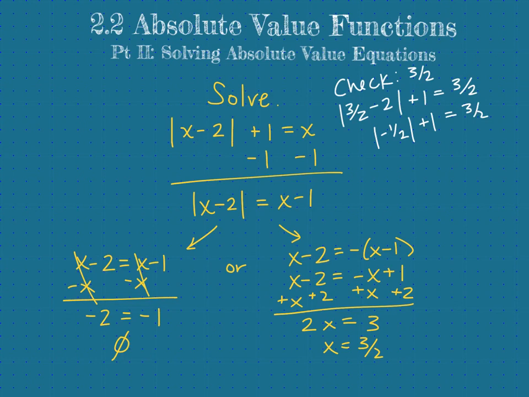The absolute value of negative 1/2 is 1/2. Does 1/2 plus 1 whole equal 3/2? Yes, it does. This is like 2/2, so 1/2 plus 2/2 is in fact 3/2. If you think of it more in a decimal equivalent, this is like 0.5 plus 1, it equals 1.5. So this does work. So this is our final answer.